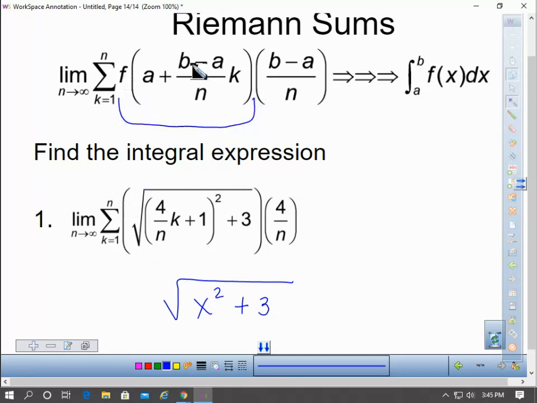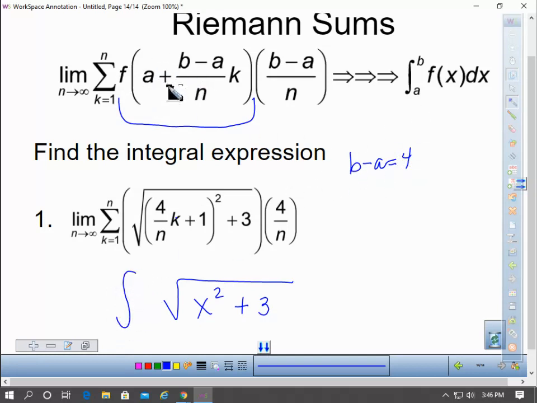So it's a function, and this expression has been plugged in. Here's the k, matches the k right there. So this b minus a over n, 4 is actually the b minus a. So I know right now b minus a is 4. So the difference between my a and b on my integral sign is 4.